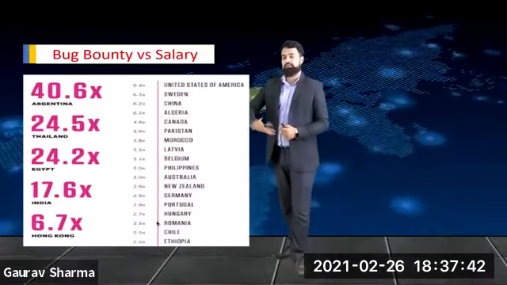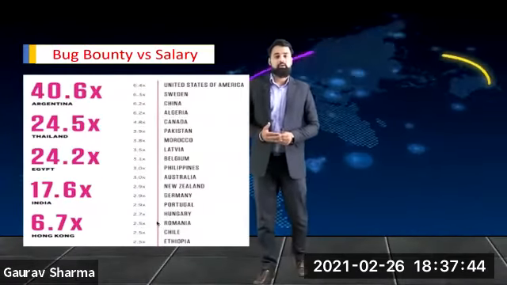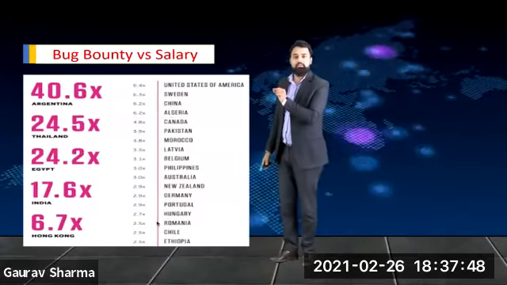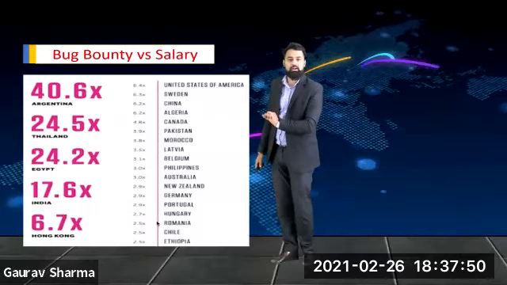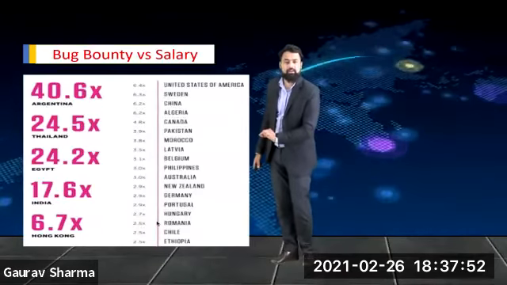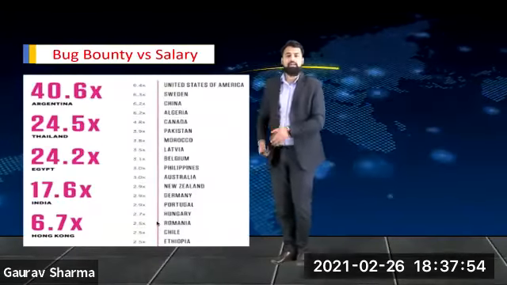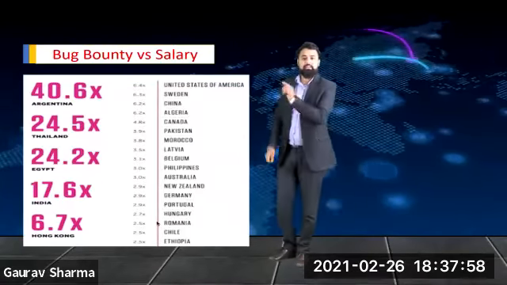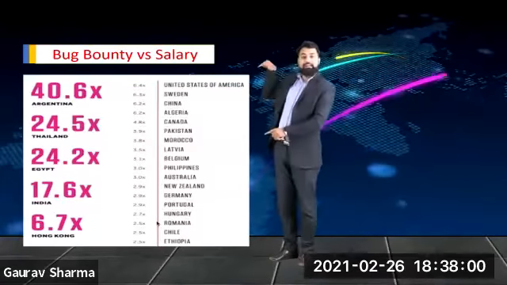Bug bounty versus salary. As you can see over here, there is the United States of America, Sweden, China, Argentina, Canada, Pakistan, Yemen, India and others. Why is there this 6.4x? They are below India.